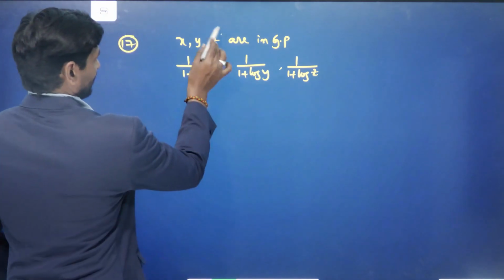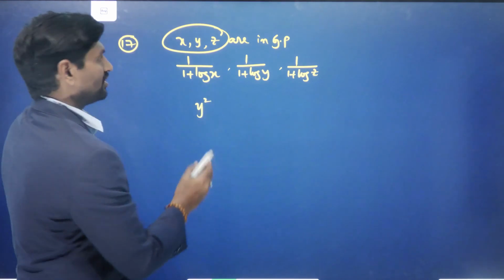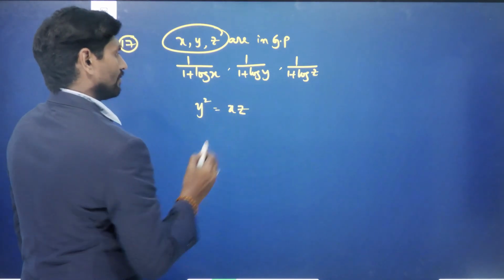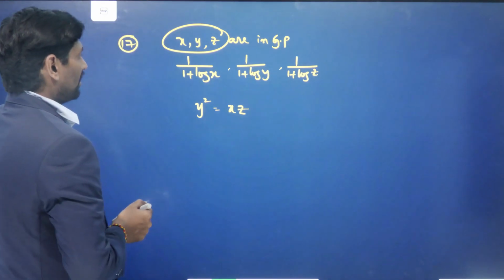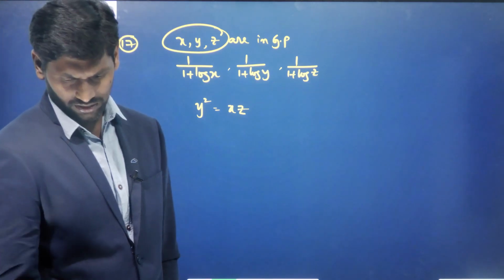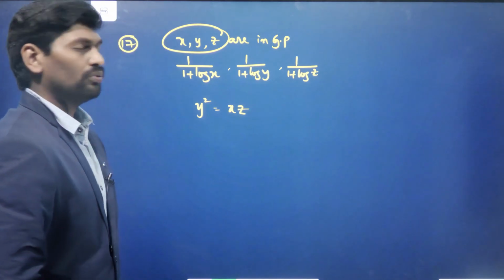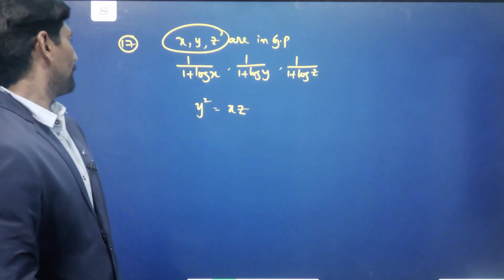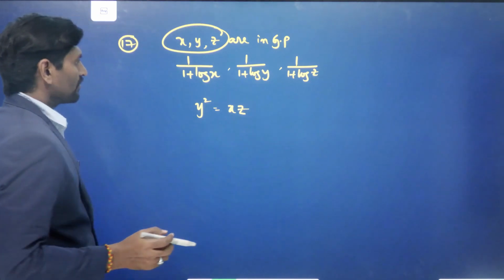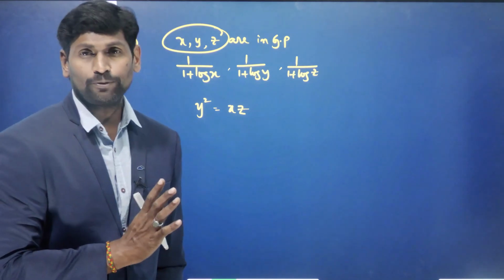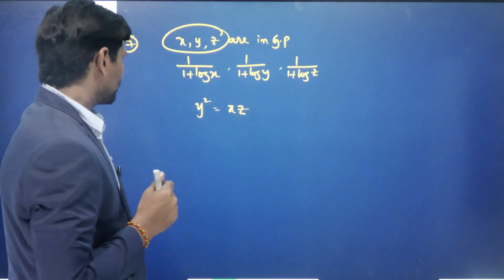Now I am taking the given series. Because x, y, z are in geometric progression, the middle term square is equal to the product of the other two, so y square is equal to x into z.